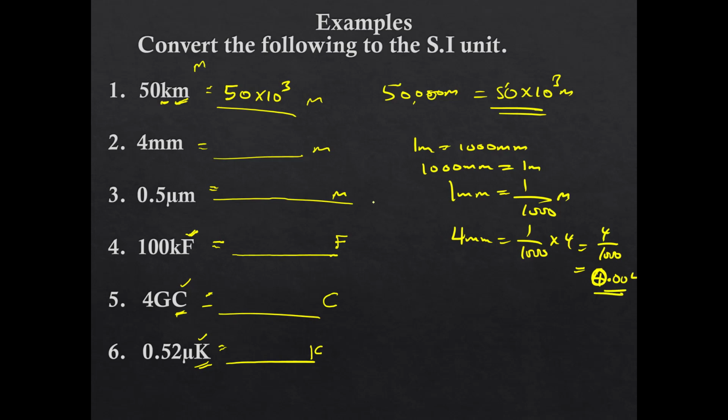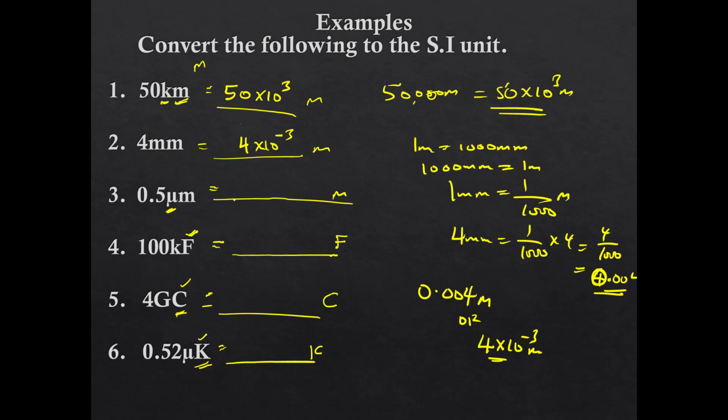So you can write your answer here as 0.004 meters, or you can just write it as 4 times 10 power negative 3 meters. The choice is yours, but it is better to use the standard notation. So this is 4 times 10 power negative 3 meters.